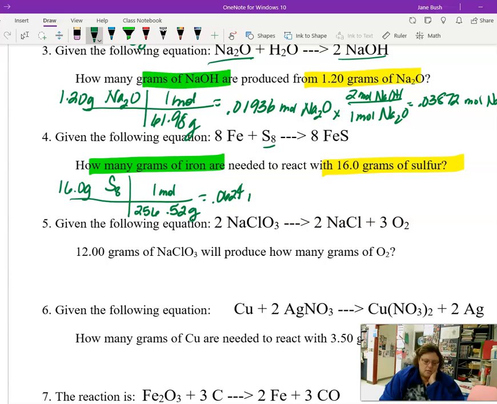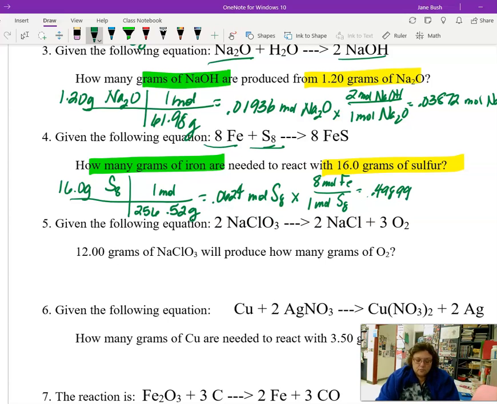0.0624 moles of sulfur. Now we're on the bridge. The next step is to multiply by the ratio. The ratio of sulfur to iron is 1 mole of sulfur to 8 moles of iron. And that gives us 0.49899.